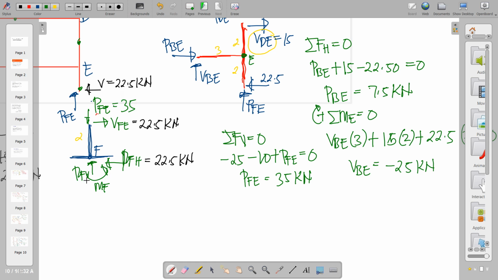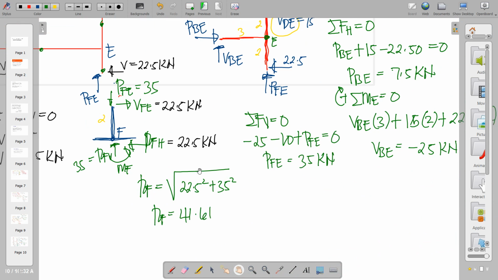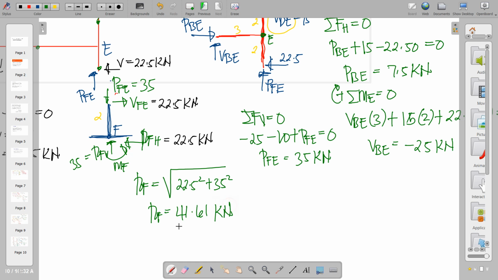Okay. So therefore, RFV is also equal to 35. Now that we have known H and V, so therefore RF will just be equal to square root of 22.5 squared plus 35 squared. So therefore RF is 41.61 kilonewtons. Okay, so this is the answer for the first requirement.